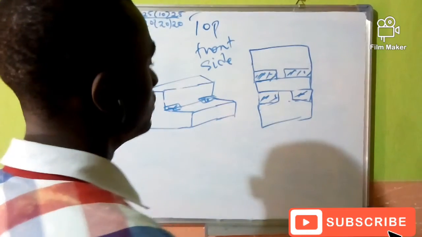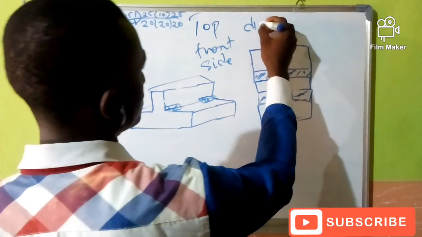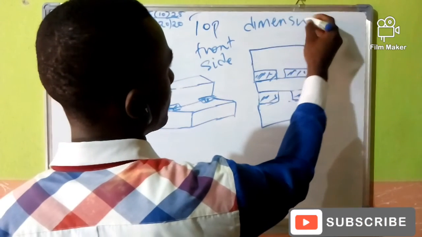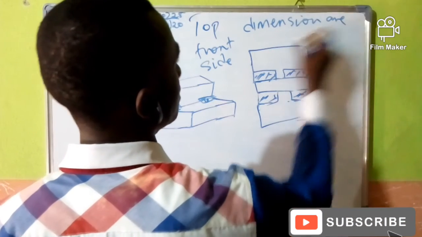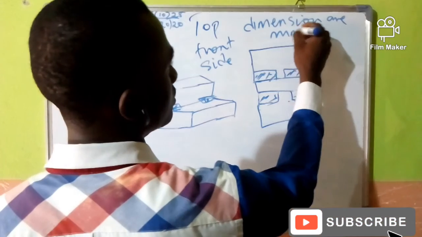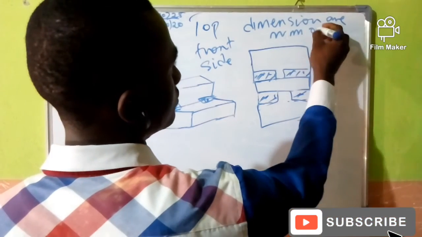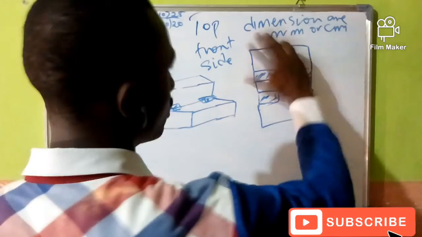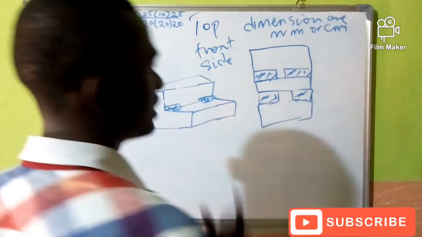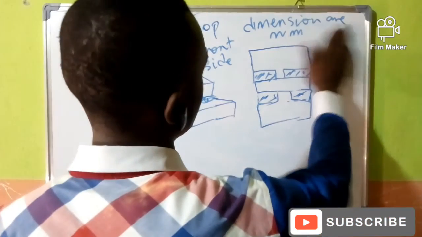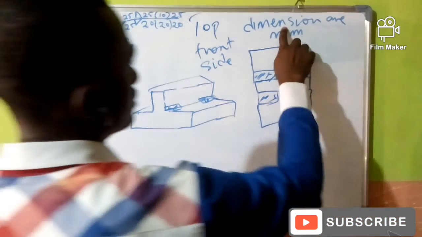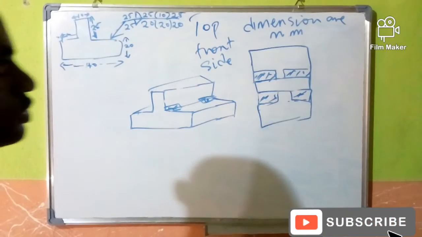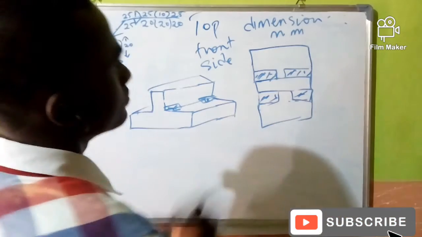If it is mm, make sure that all dimensions are in mm. If you're using cm, make sure it is cm in all. If you're using mm, make sure it is mm in all. So we are using mm now.